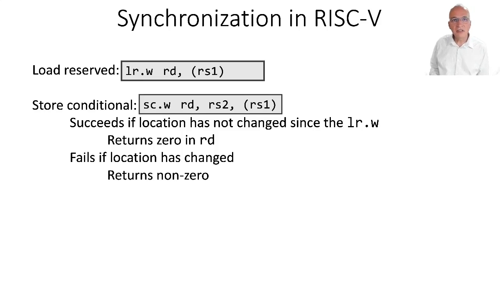In this case, it returns a non-zero value into the destination register. Remember that the store instruction only has a source register and then the address of the memory. This store instruction has the source register, the address in the memory, and the destination register, that is where the result of the operation is returned.